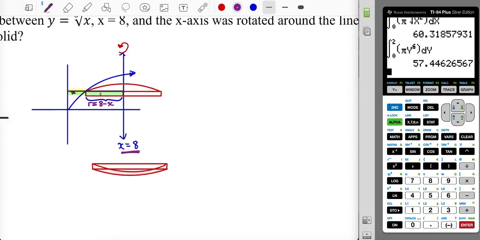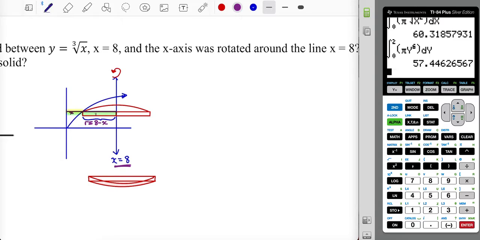All right, and since we know that the volume of a circular slice is going to be pi r squared multiplied by the depth. The depth is a y movement, so dy. We're really looking at pi times 8 minus x, the quantity squared, multiplied by dy.